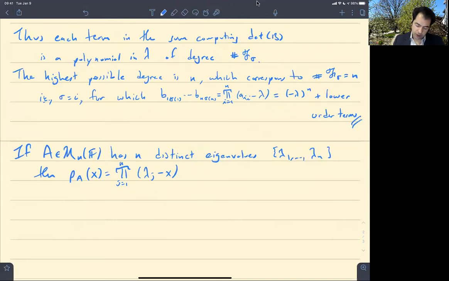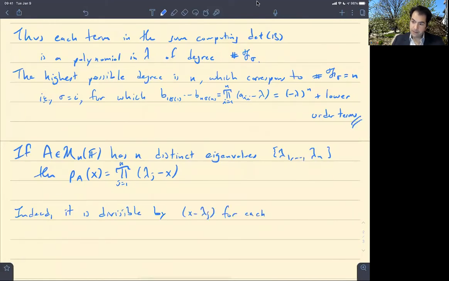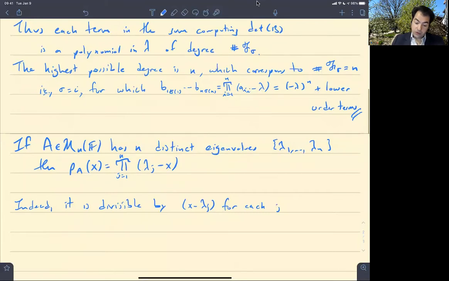So how do we know that? Well, the characteristic polynomial is divisible by x minus lambda_j for each j, because we know that the eigenvalues are the roots of this polynomial.